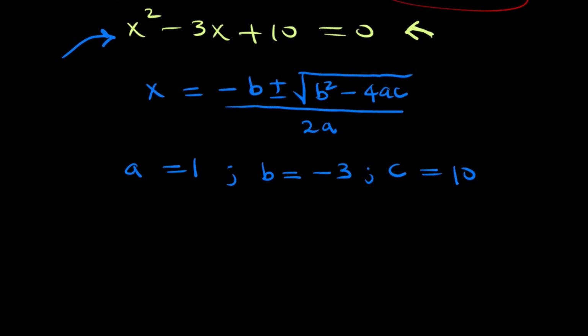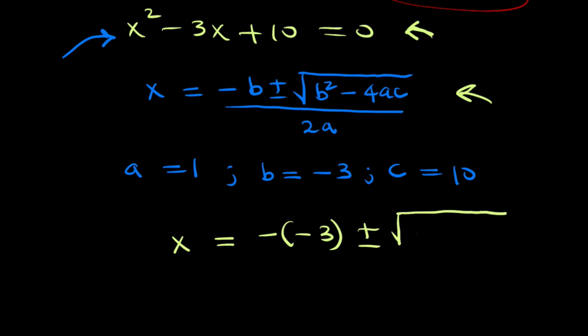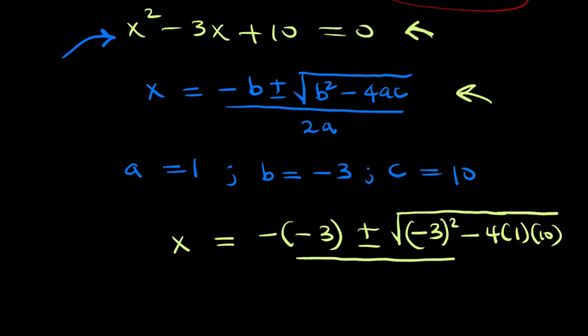Now let's slot in these values into the quadratic formula. This will give us x equal to -3 plus or minus the square root of b squared is -3 squared, then minus 4 into 1 into 10, then divided by 2 into 1.